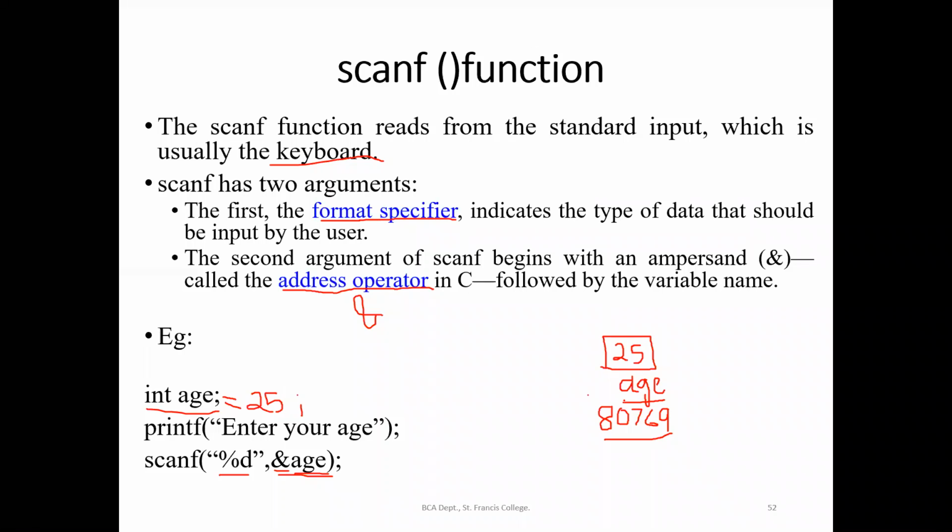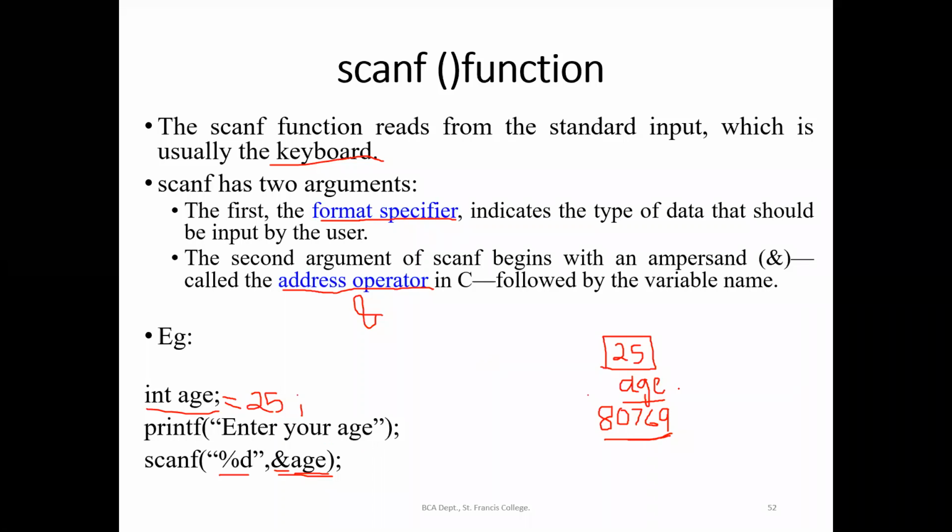So the variable age has two things. One will be the value which is stored in that address location, and the other one will be the address of that variable. The address of the variable here is 80769. And what is the value of the variable? 25, right? So in order to get the value of the variable, we can just mention age.